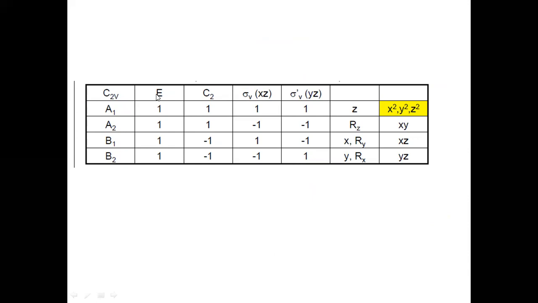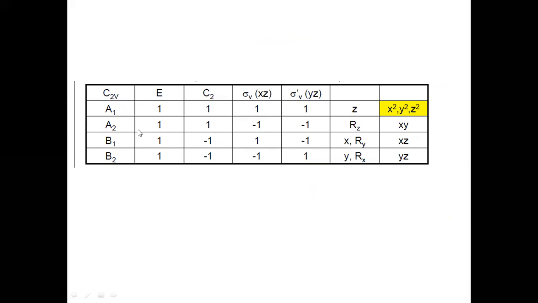If nothing is mentioned, it means it is 1, so all the symmetry operations are counted as 1. That's why I put 1 into 1 squared plus 1 into 1 squared plus 1 into 1 squared plus 1 into 1 squared. That again comes up as 4.